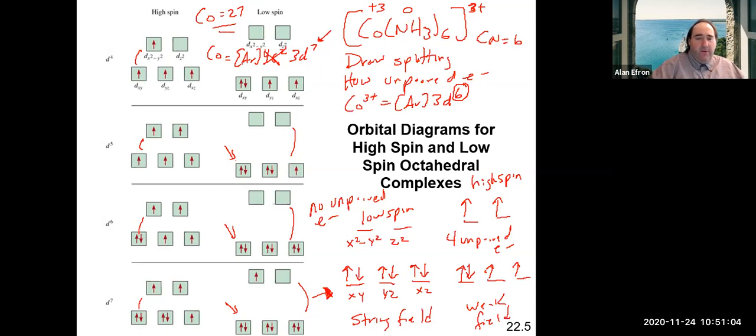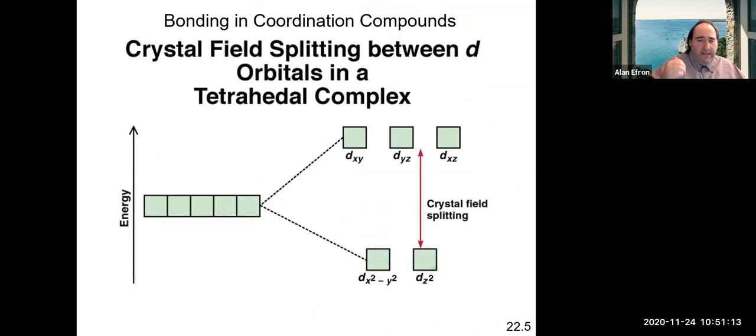All right. So what we've been talking about and seen here is specific for our coordination number 6, or octahedral. When we get to a coordination number of 4, that is tetrahedral in terms of its geometry, we actually get this splitting, which is opposite. We actually get those 3 that were on the bottom in octahedral go to the top, and those guys that were on the top in octahedral actually go to the bottom here.